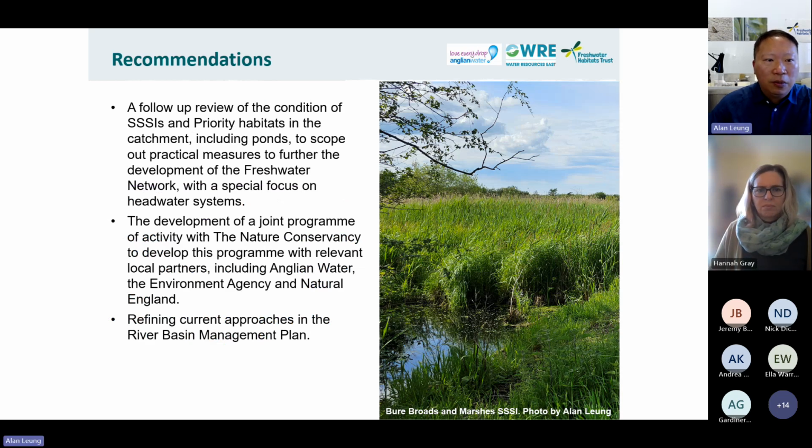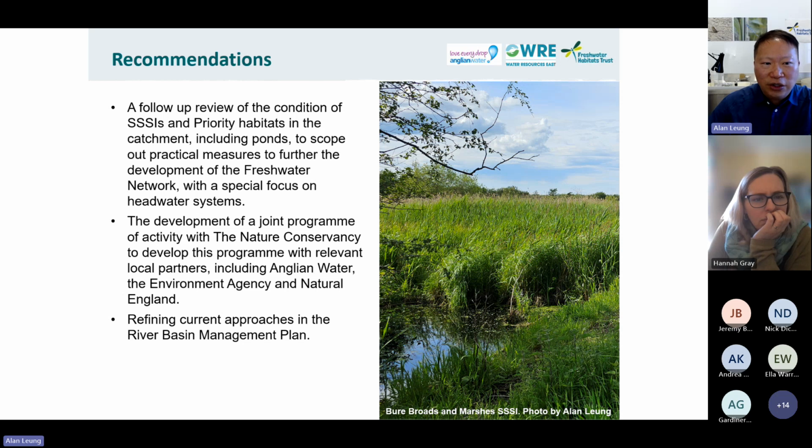Lastly, we think that we should have a follow-up review on the condition of the SSSI and all the priority habitats in the area. And we also think that we should put more focus on the headwater system.